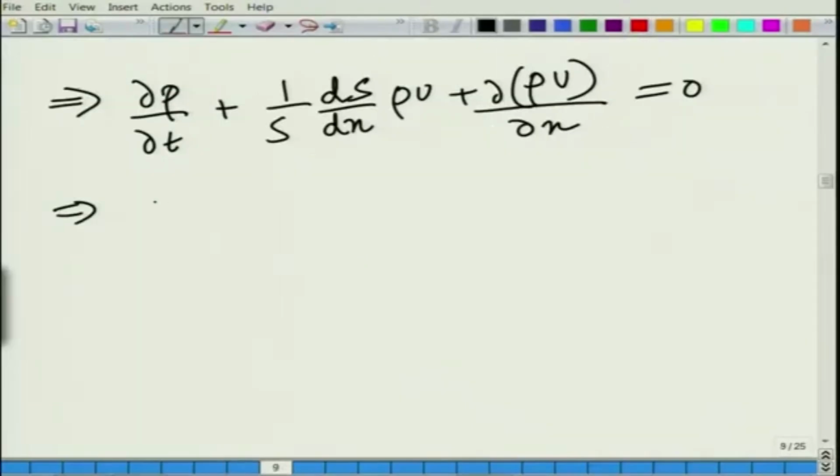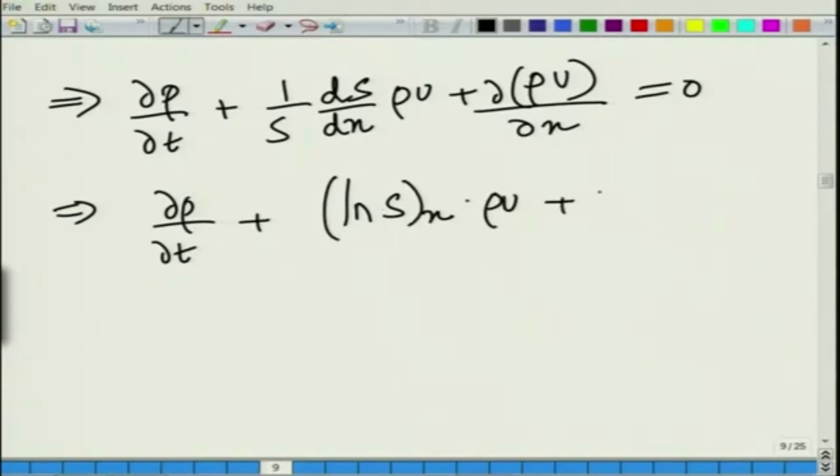So, now when you write this above equation in an even more compact form, we can write it as natural logarithm of S x times rho u plus.